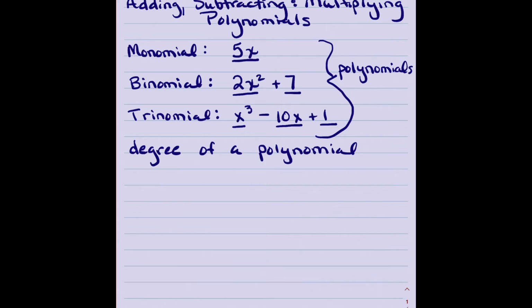If I'm looking at x to the third, the degree of that would be 3. We're going to do some examples of this in just a minute. If I want to talk about the degree of a monomial, I'm just going to figure out what all the exponents added together are. If I'm talking about the degree of a polynomial, I have to figure out all of the different parts of it and then list which one is most.